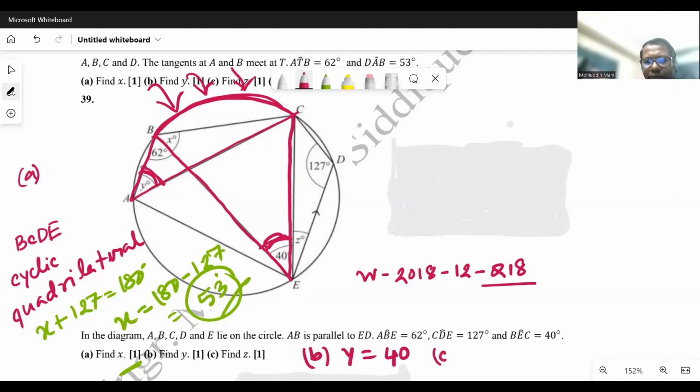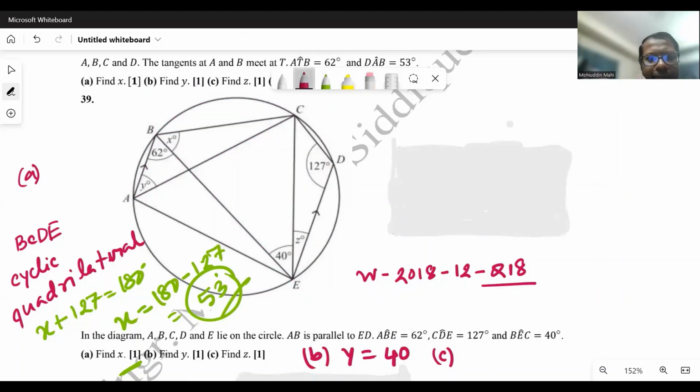Next question C, we have to find out the value of set. Now how can we find it out? AB and CD, it's parallel. And BE is the intersector. AB and DE, both the sides are parallel.